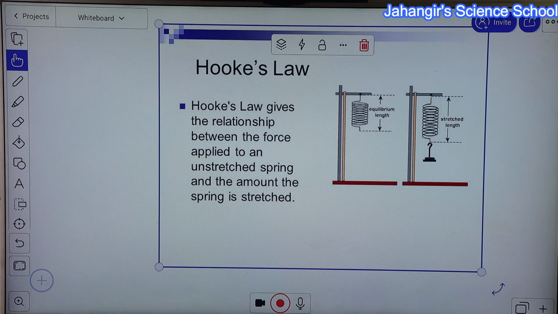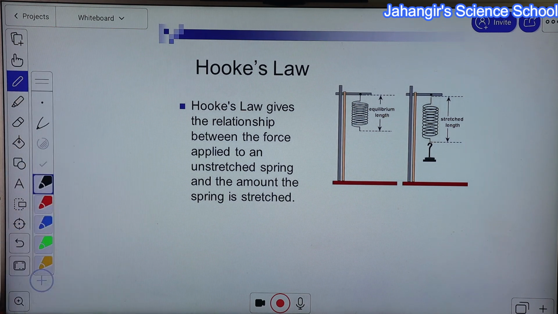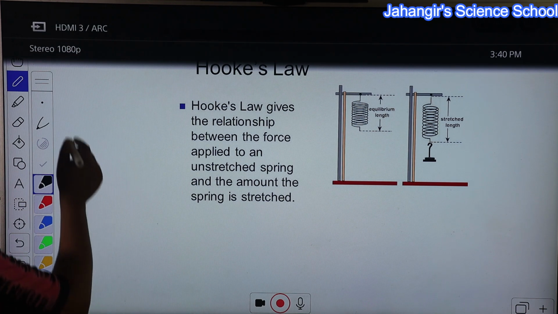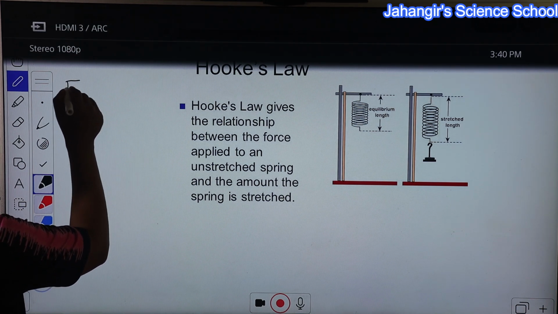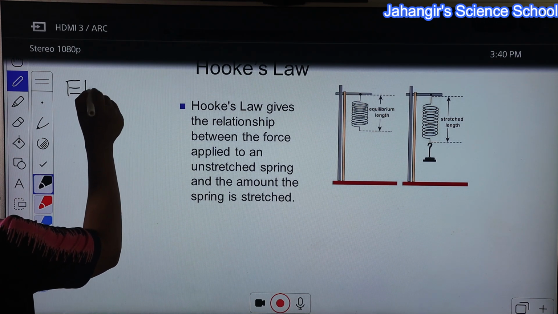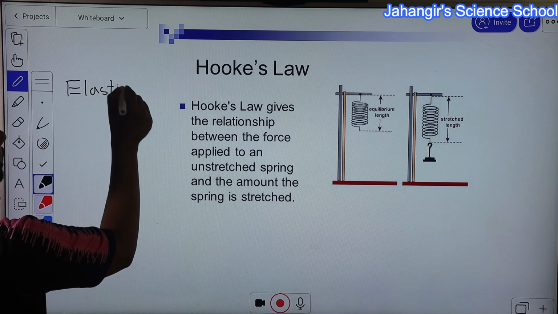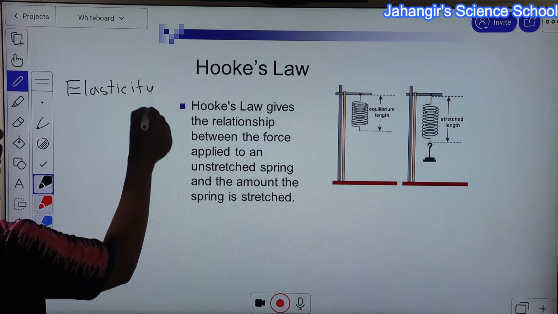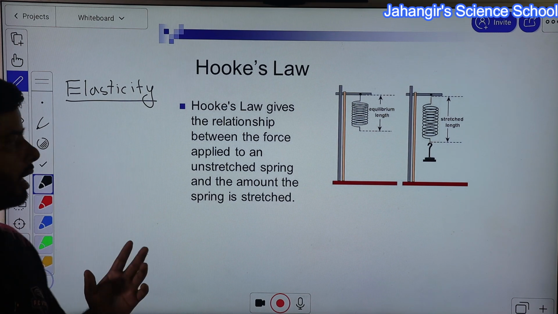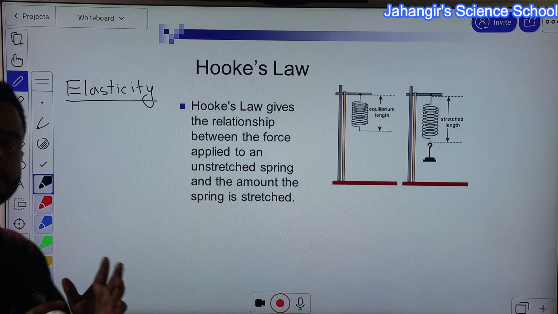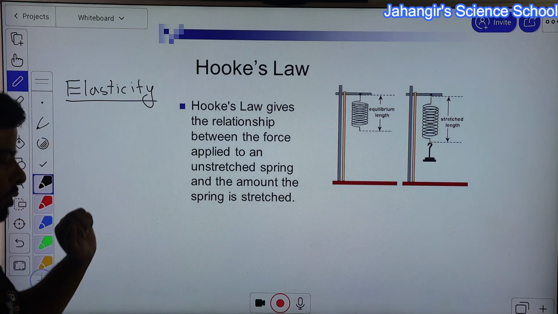Today I am going to discuss Hooke's law. What is Hooke's law? First we have to learn about elasticity. What is elasticity? Elasticity is the property of a material by which a deforming object regains its original shape and size after removing the deforming force.